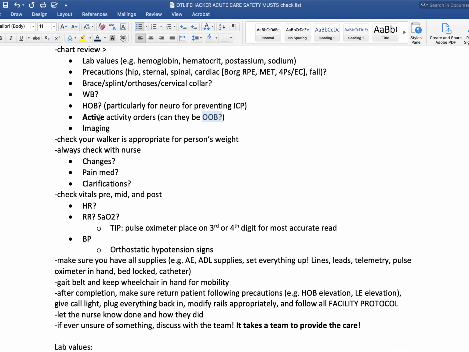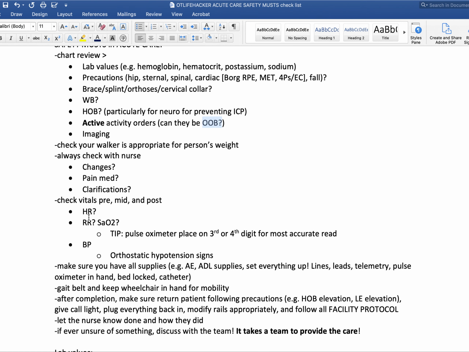I think, like the potassium, we had a patient who became dizzy going from supine to sit, edge of bed. She became dizzy, so we had to be very, very careful because she had low potassium per my chart review with her. And then blood pressure.